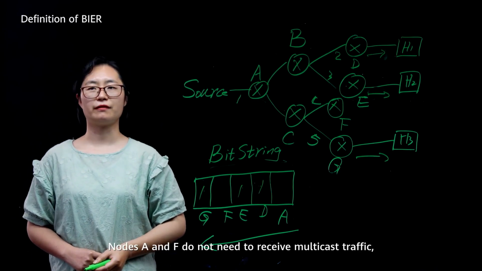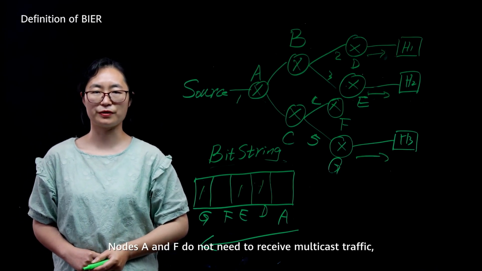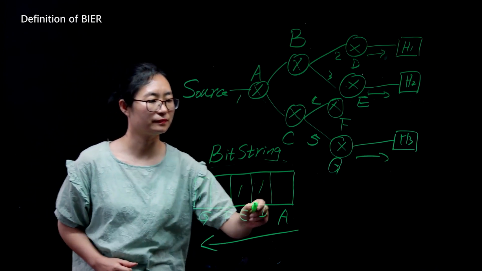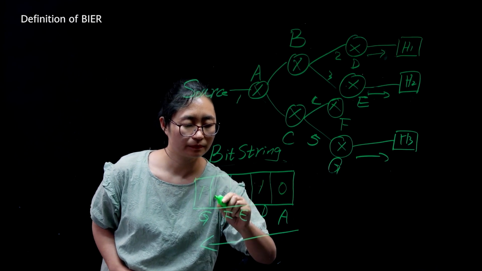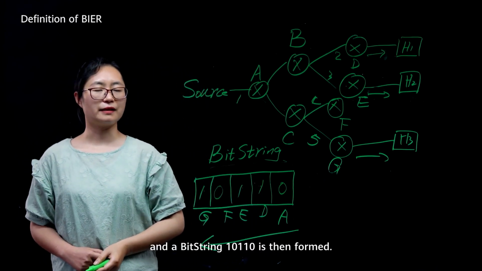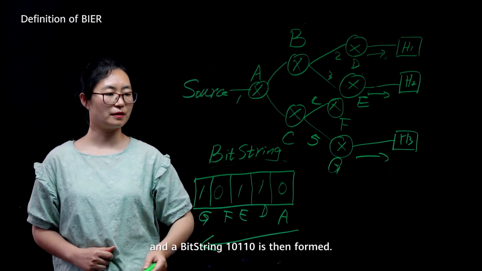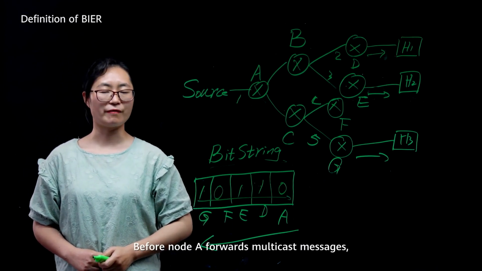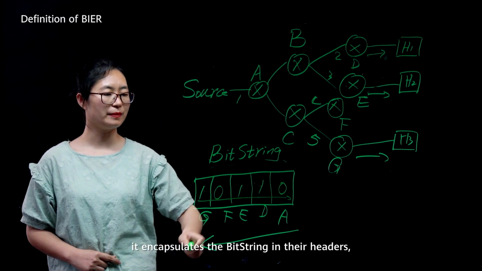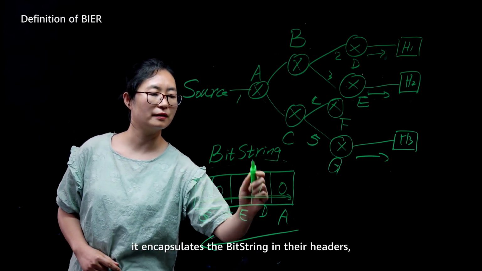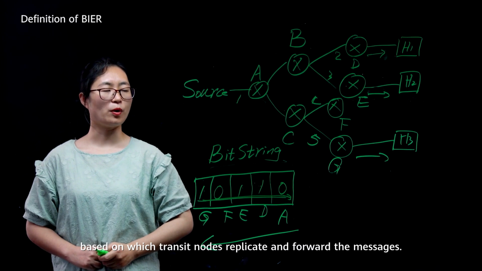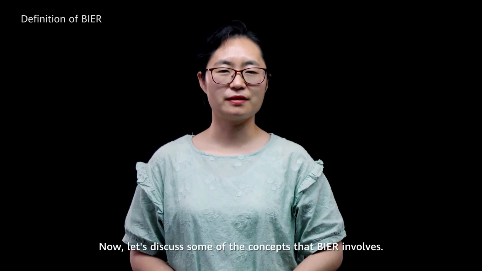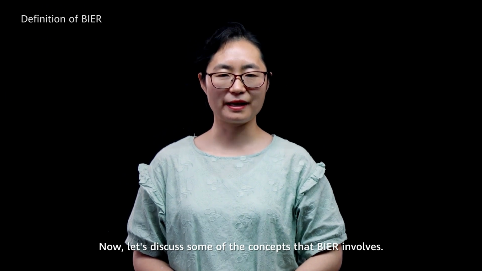Nodes A and F do not need to receive multicast traffic, and their bit positions remain at 0. And a bit string 10110 is then formed. Before node A forwards multicast messages, it encapsulates the bit string in their headers, based on which transit nodes replicate and forward the messages.